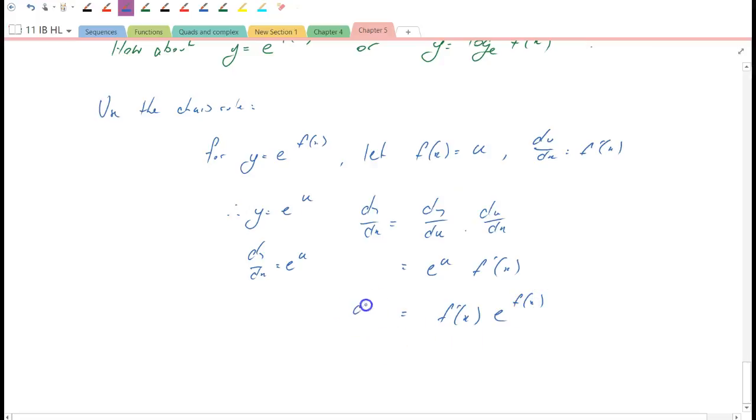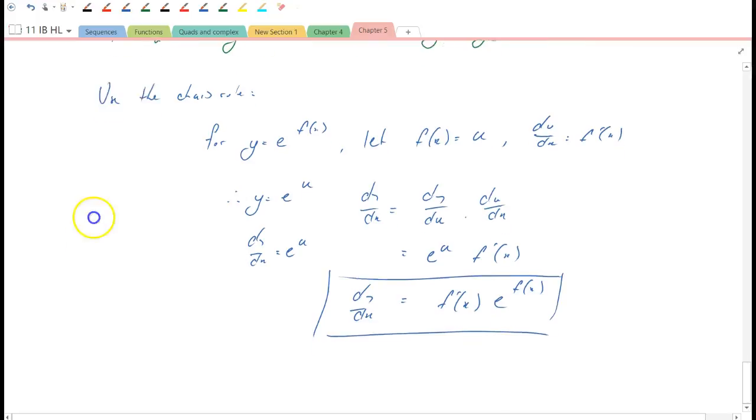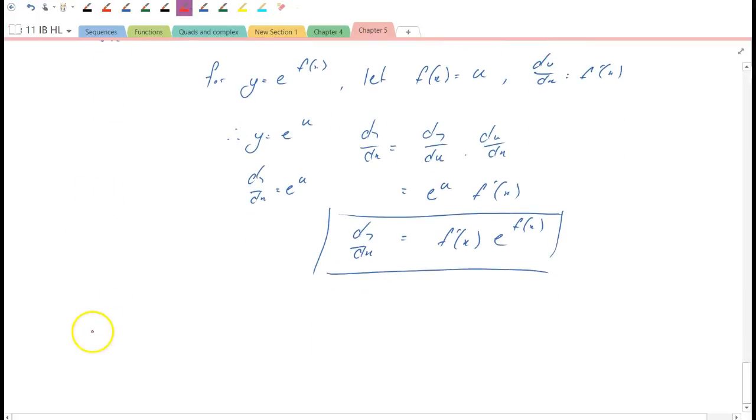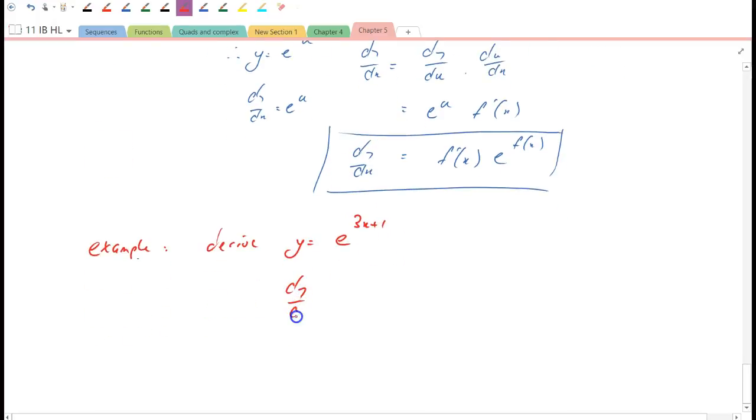So we end up with this nice little result here. Let's have a look at an example: derive y equals e to the power of 3x plus 1.